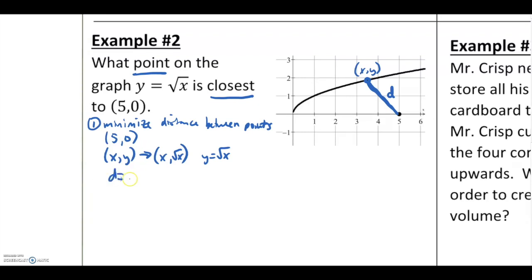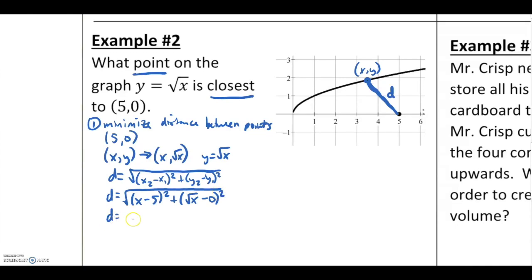And what we have to remember is our distance formula. I'm going to write the general one just so we can make an extra note about it. It's square root of x2 minus x1 squared plus y2 minus y1 squared. And putting in everything we know about that, we're going to have our second x value, the unknown one, minus the known one, 5, plus our unknown y value, which is actually square root of x, minus 0, our known y value.